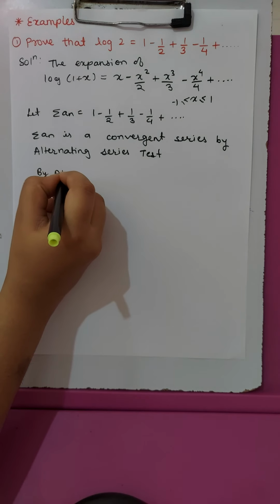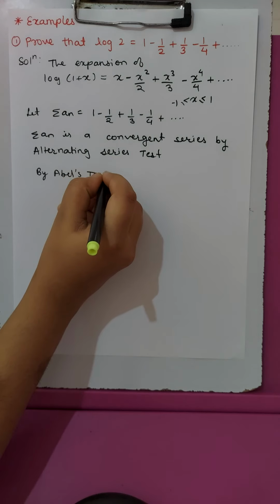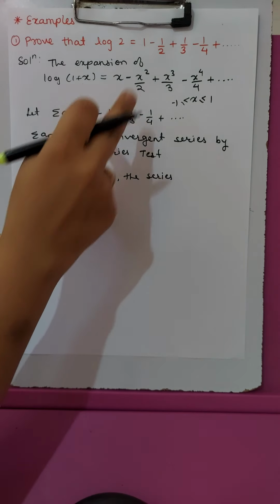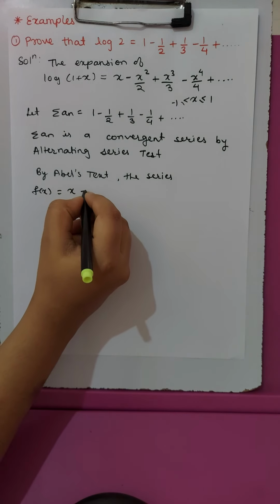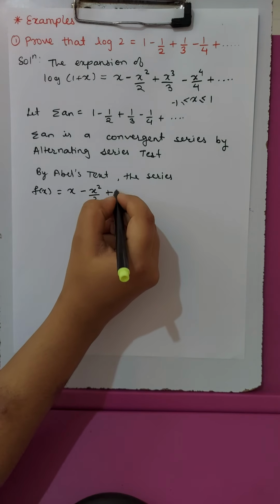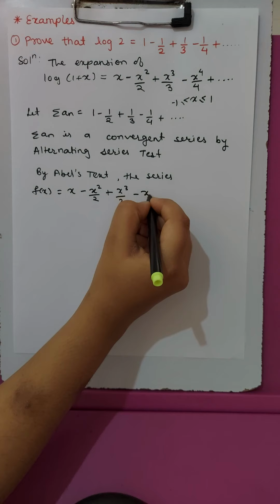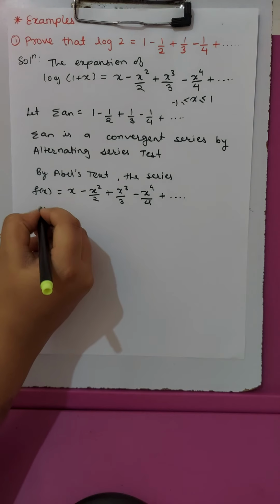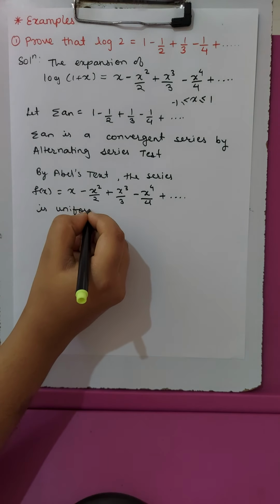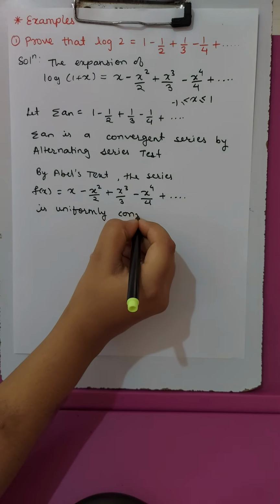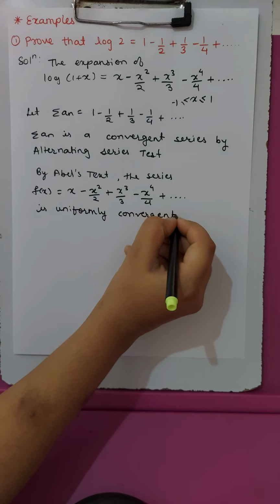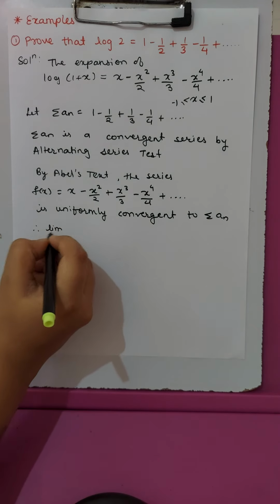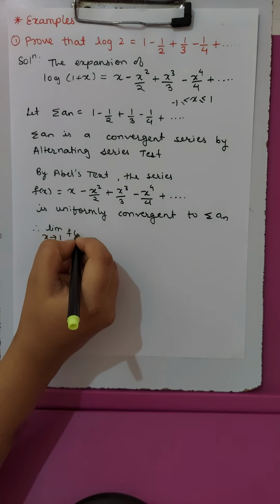So by Abel's test, the series f of x, which is equal to x minus x square upon 2 plus x cube upon 3 minus x to the power 4 upon 4 plus, and so on, is uniformly convergent to summation an.